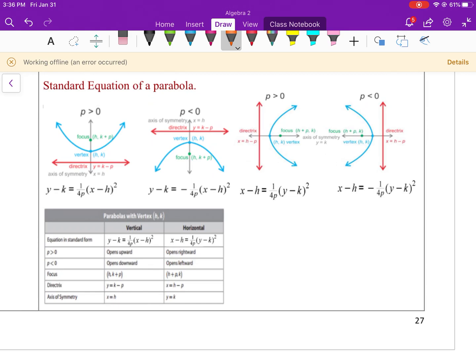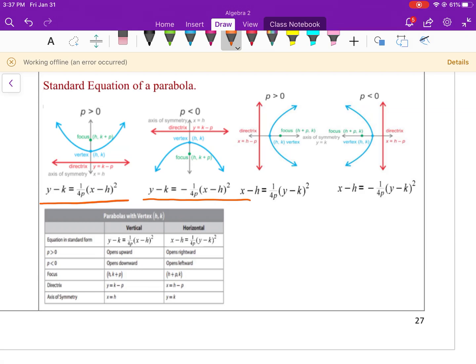If it is y equals, and it's positive 1 over 4p, then it opens up. So here's a y equals, so notice it's y minus k equals 1 over 4p, and then (x minus h) squared. So that one opens up, and the center would be at 0, 0. Versus if it's y minus k equals negative 1 over 4p, then it opens down.